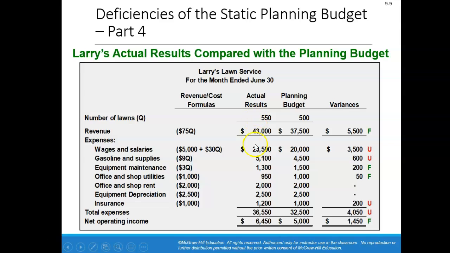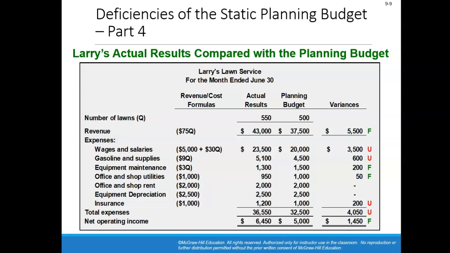The actual result was $23,500. Now, based upon our planning budget, that cost should have been $20,000. How would you get that number? Well, you will multiply the number of lawns cut. I'm getting out my calculator. Give me a second. Get yours out too.